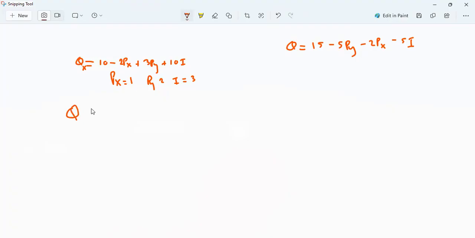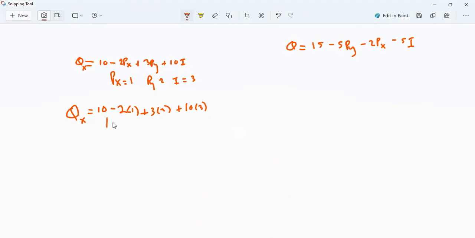So let's substitute these figures we're given here to find the annual demand, the quantity demanded. So here we have 10 minus 2px. Where there's px, we're going to put a 1. And plus 3py. Where there's py, we're going to put a 2. Plus 10i. Where there's I, we're going to put a 3. These are given.